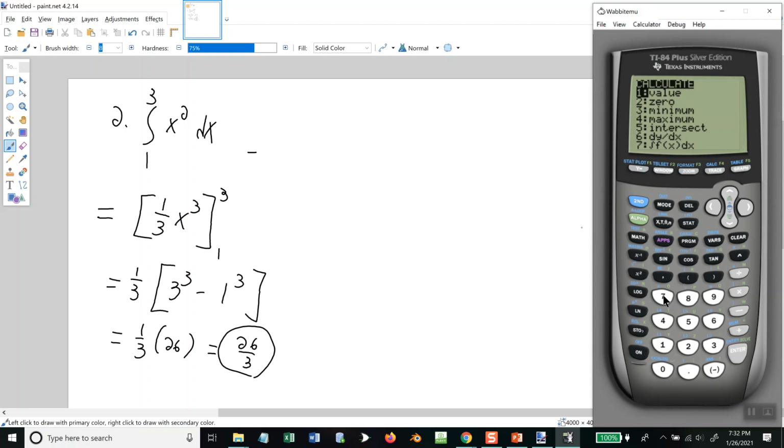Now you can down arrow to it and press enter, or press the number 7. It'll come up with a graph there, and it asks you for the lower limit. That'd be 1. Enter. Then it'll ask you for the upper limit, which would be 3, and you press enter. And it comes back and gives us 8.666 and so forth.